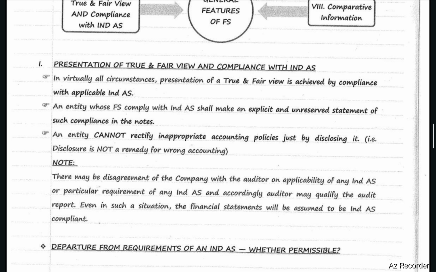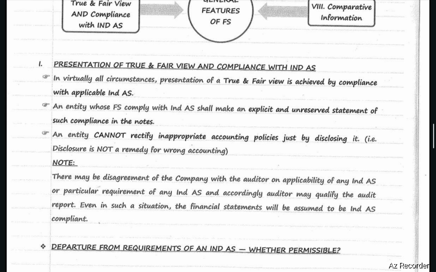In virtually all circumstances, presentation of true and fair view is achieved by compliance with applicable Ind AS. An entity whose financial statements comply with Ind AS shall make an explicit and unreserved statement of such compliance in the notes to accounts. An entity cannot rectify inappropriate accounting policy just by disclosing it. That is, disclosure is not a remedy for wrong accounting.